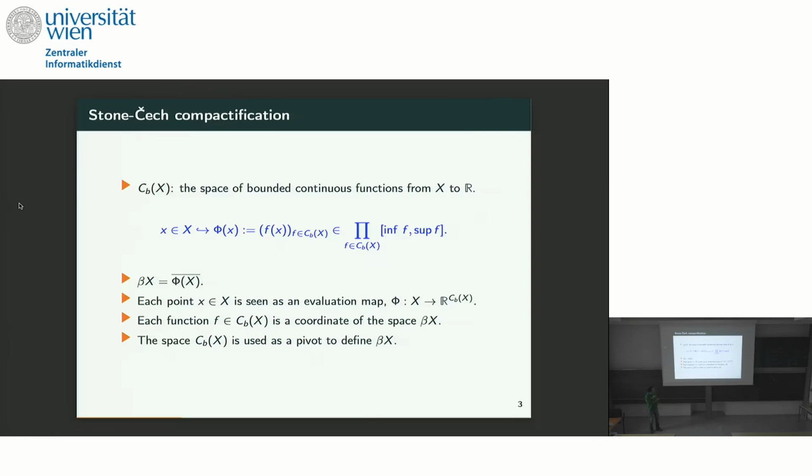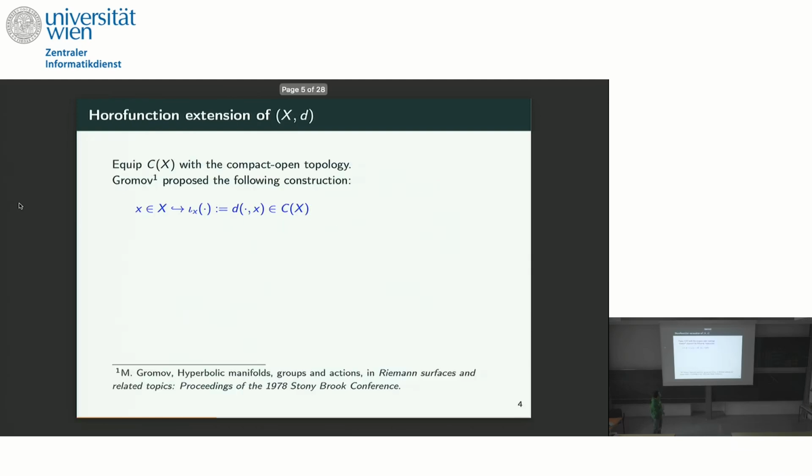Here, we may change the space of functions, and therefore we will have more or fewer coordinates, depending on what we decide. And since we are talking about metric spaces, the functions that we will choose are just the distance functions. This was proposed by Gromov while he was studying something in hyperbolic geometry.